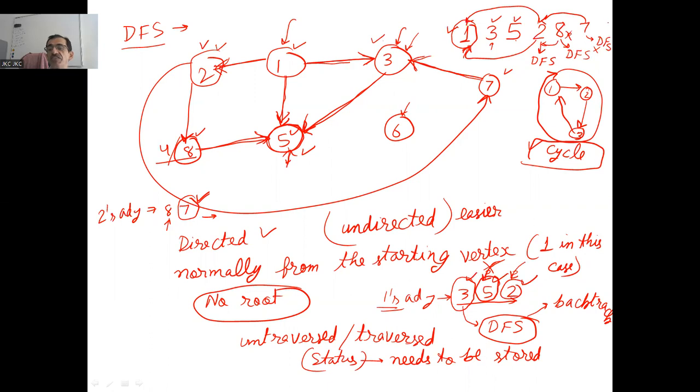So I will start with 6, traverse 6, and apply DFS on 6's adjacents. 6 has no outgoing edges, so 6 also does nothing. Resuming back, there is nothing to resume because 6 was not started from any node. Again, I have to look for any untraversed node. 7 is already traversed, and 8 too, so everything is over. DFS over.